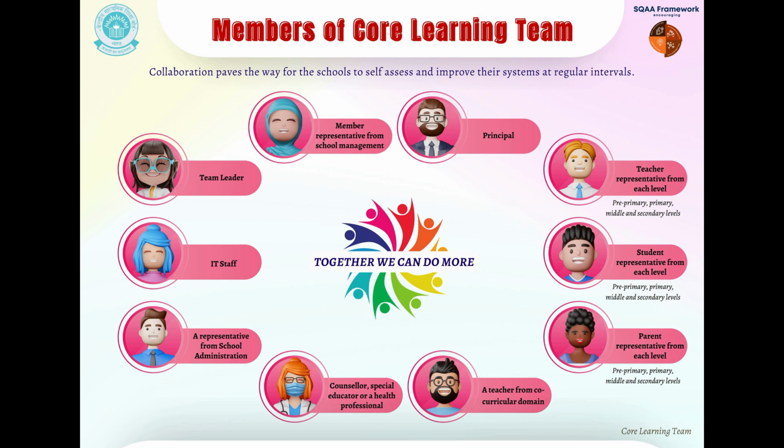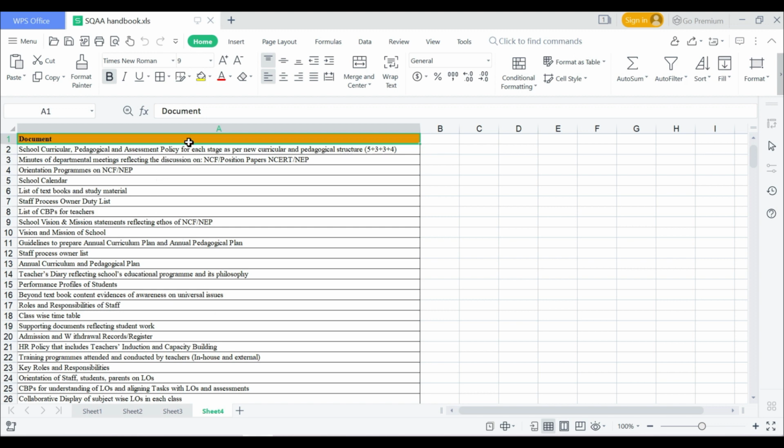Here is a suggestion to prepare the necessary documents for assessing and improving our school quality and system in our school. Form a core team as suggested. Go to the Excel sheet. Add filters to A1. Use the following keywords to filter the documents associated with each keyword.